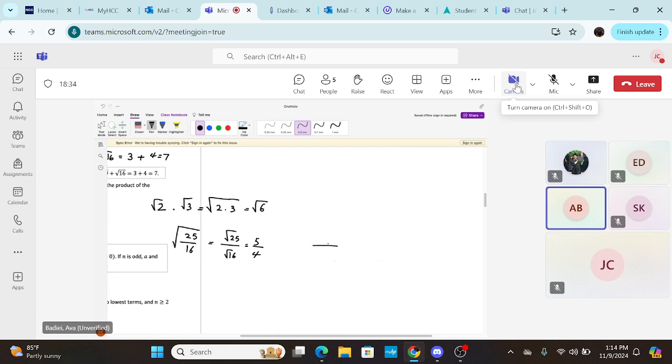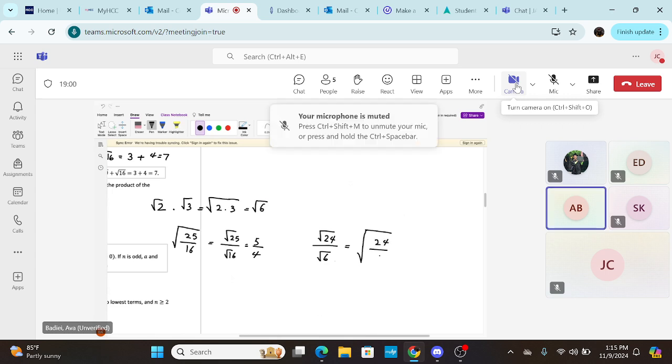The opposite of it, let's say we have square root of 24 over square root of 6. Now, in this case, because they are not perfect squares, you're just going to draw a big radical sign, divide 24 and 6 under it.